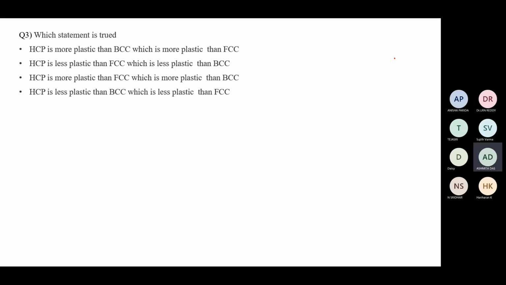Can anyone tell me which concept this is based on? Anyone have any idea? No idea, ma'am. Okay. So the correct answer is: HCP is more plastic than FCC, which is more plastic than BCC.